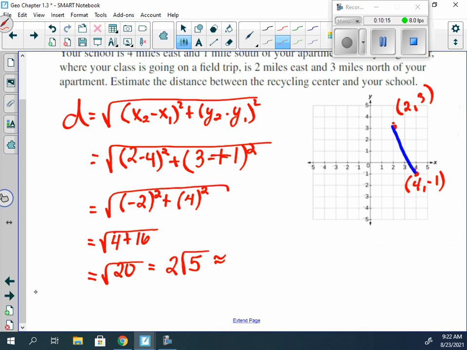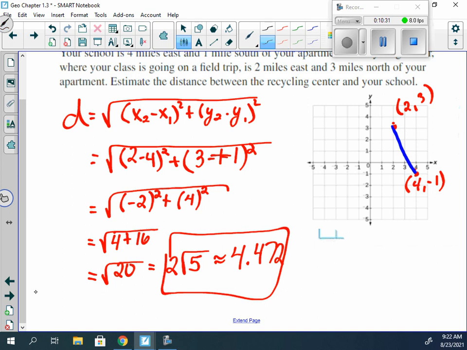Or, if we put this as a decimal, it's 4.472135, this whole decimal, or that. I will take either version of the number.